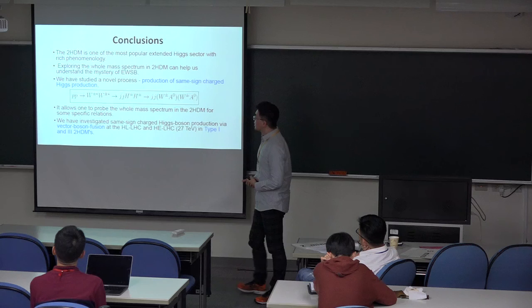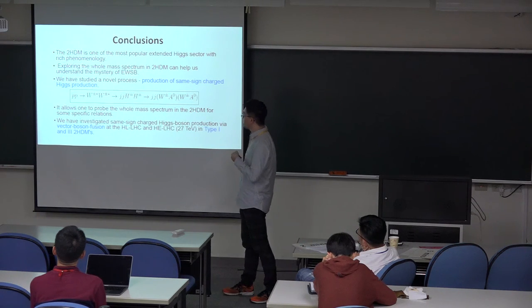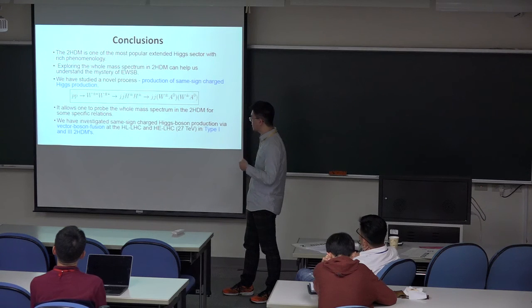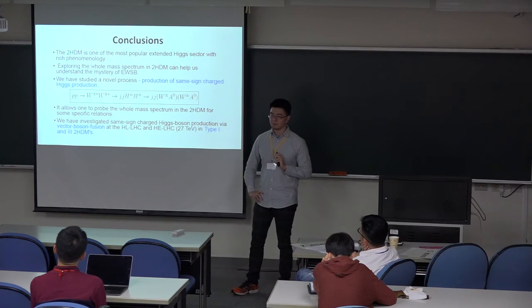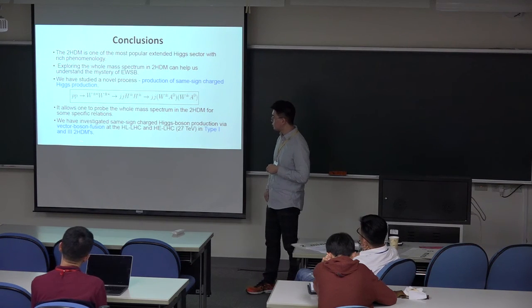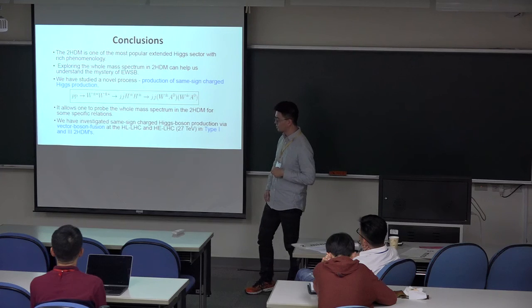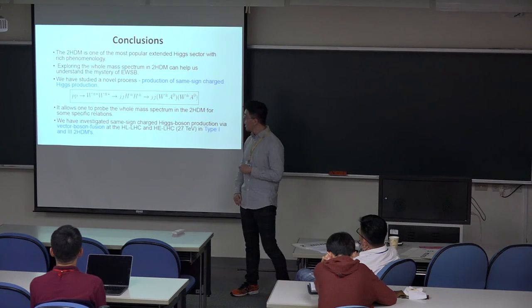Okay, finally I made conclusions. In this talk, I want to show you a new production mode of the same-sign charged Higgs production in these channels. And this production mode is very sensitive to the mass splitting inside the two Higgs doublet models. Especially in this study, we focus on the type 1 and type 3 two Higgs doublet models, at the high luminosity LHC and the high energy LHC.